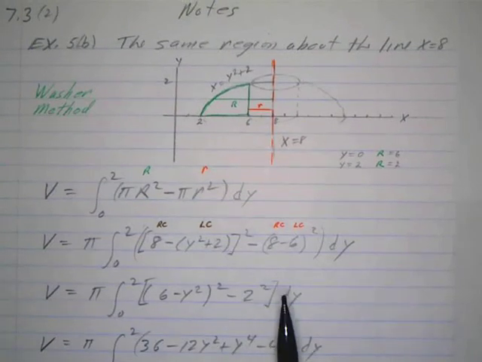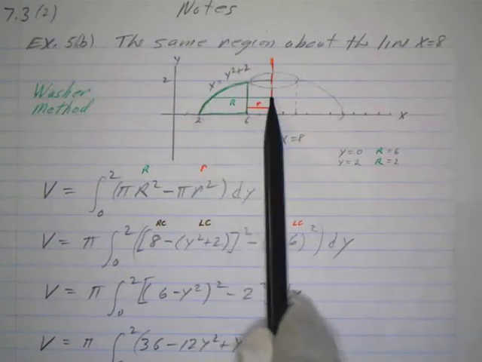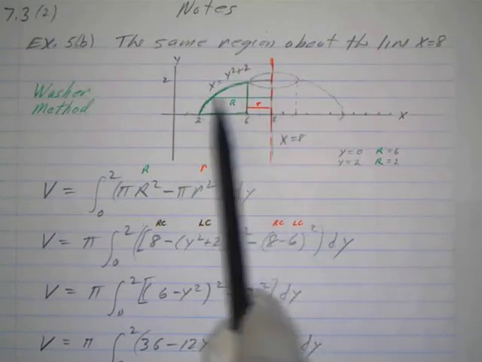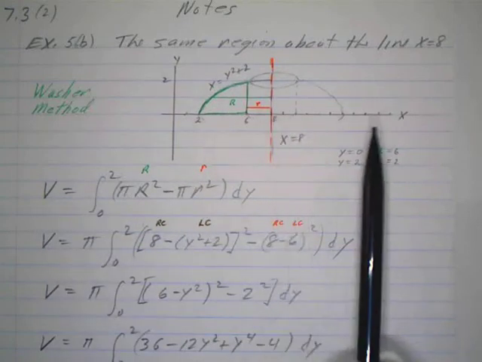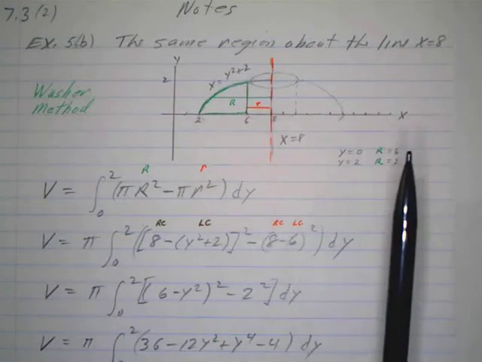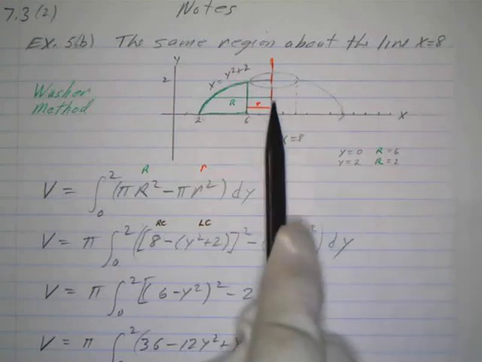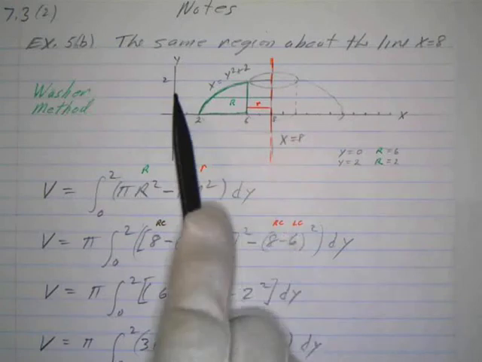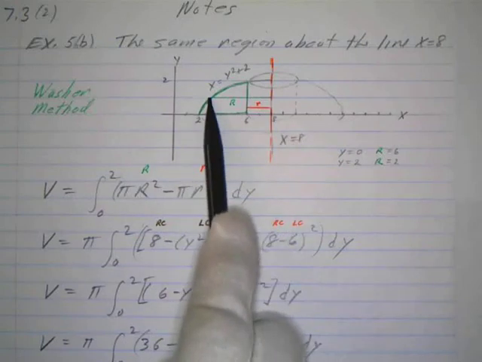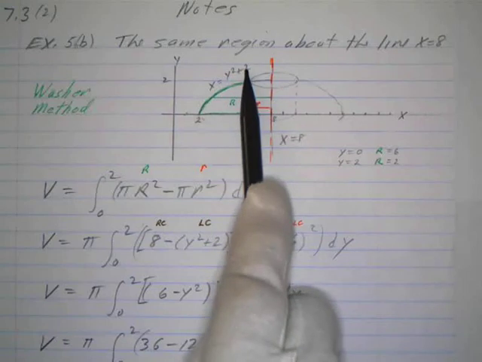Now I have to figure out my big radius. What's this big radius going to be, from here to here? Remember, we can use right curve minus left curve. The right curve would be 8, and from here to here would be 8 minus the left curve, x equals y squared plus 2.